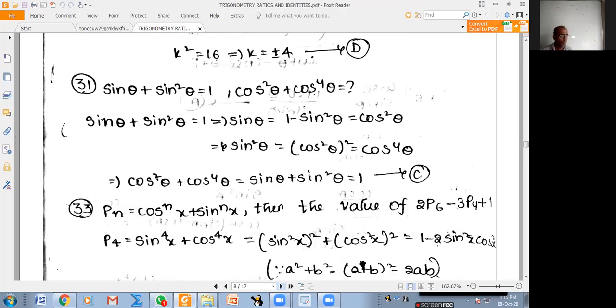Okay. They gave sin theta plus sin square theta is 1, and cos square theta plus cos power 4 theta is asked.